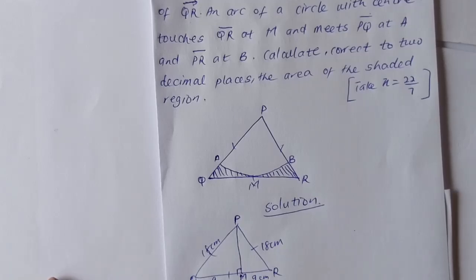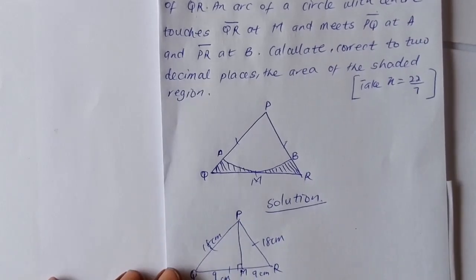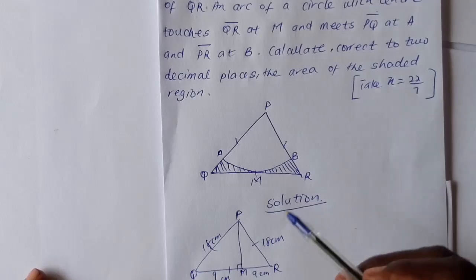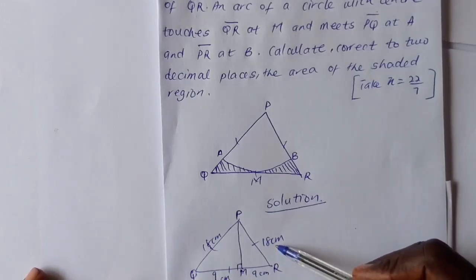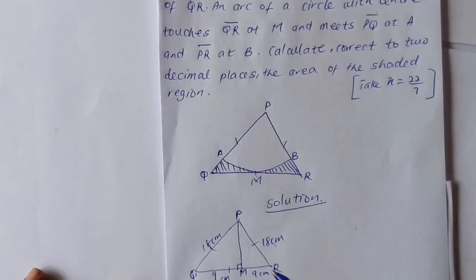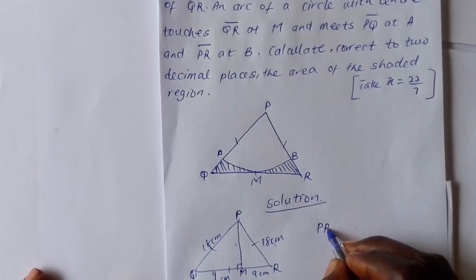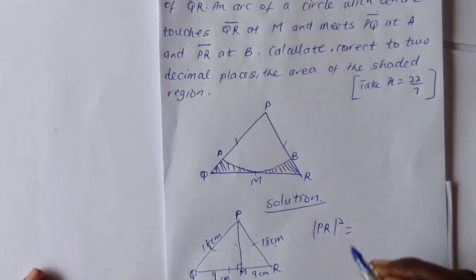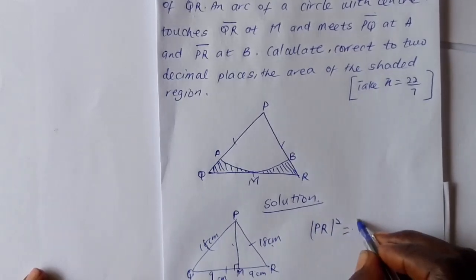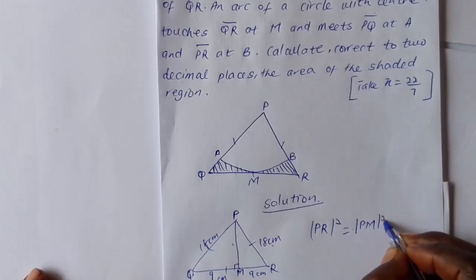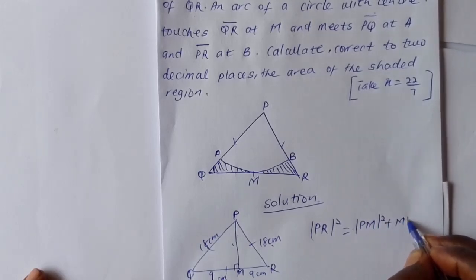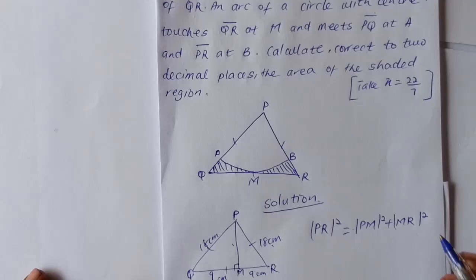Now, if this is PM, by Pythagoras, the square of the hypotenuse equals the sum of the squares of the other 2 sides. And what are we getting over here? Let's go to the formula. We say that PR squared equals PM squared plus MR squared.